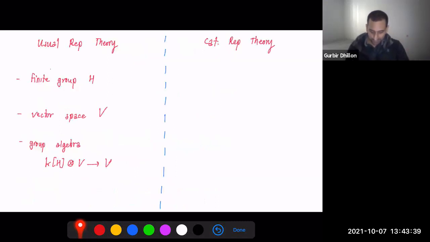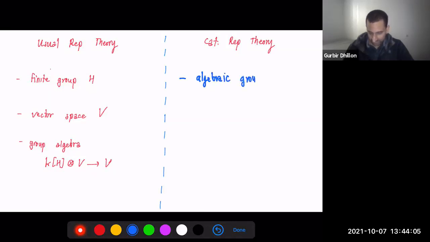But here's the basic idea. I'm writing on the left-hand side things from usual representation theory that you hopefully know, and I'm going to say roughly there's a similar thing in the categorical setting. So let's consider a finite group on the left-hand side. The analog is that we're going to need some notion of when points are close together or far apart.